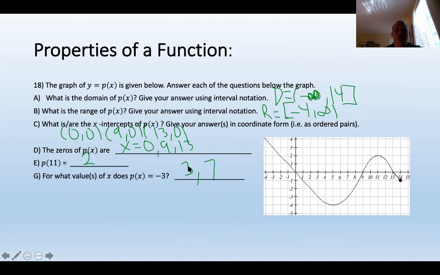So 3 is one of those values, but you see that the y coordinate is also -3 right here. And the x coordinate at that point is 7. So 3 and 7 are the values of x that cause p of x to be -3.